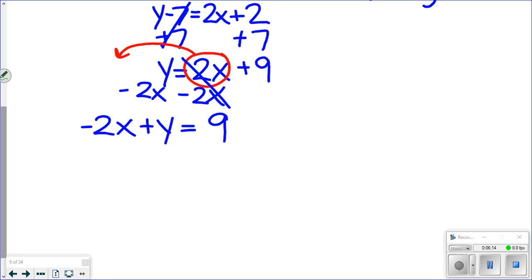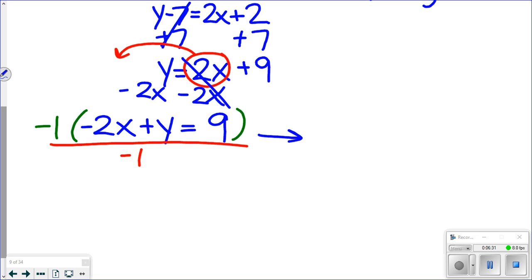We can think about multiplying everything right now by a negative 1 to cancel it out. Or you could think about dividing everything by negative 1. Whatever is easiest for you. But really, all that does is change all of your signs. Okay? So a negative times a negative becomes a positive 2x.